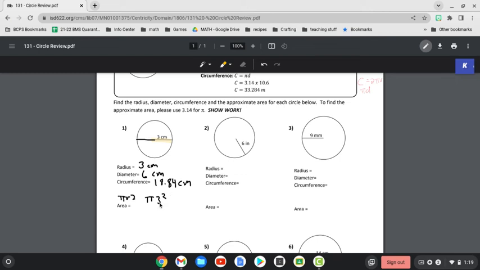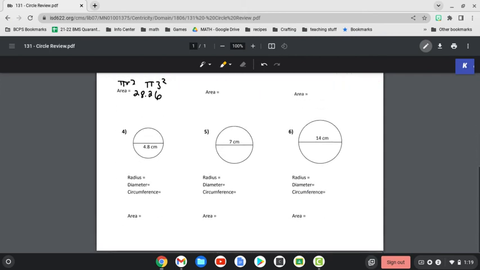So this actually means 3 times 3, which is 9. And we multiply it by 3.14. The area is 28.26. And so that's how we find the circumference and the area from the radius. Let's scroll down and work on diameter.